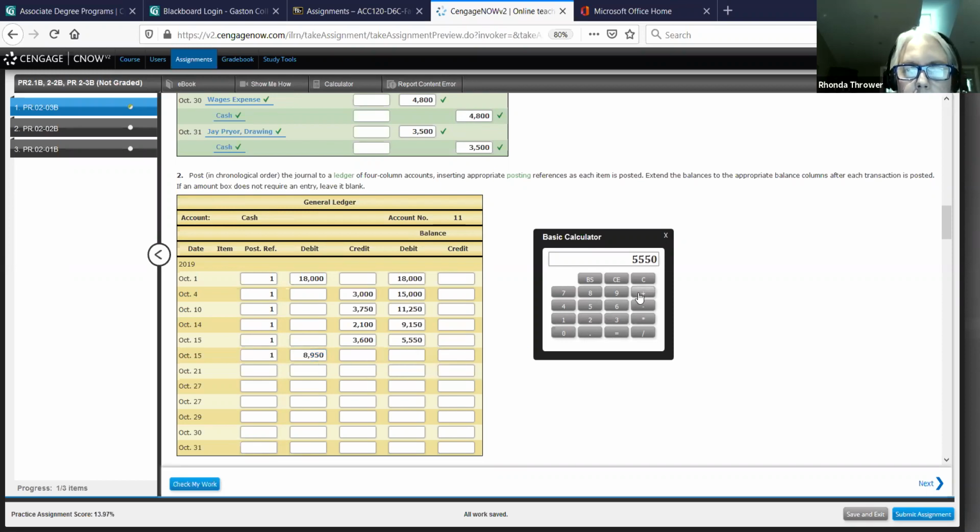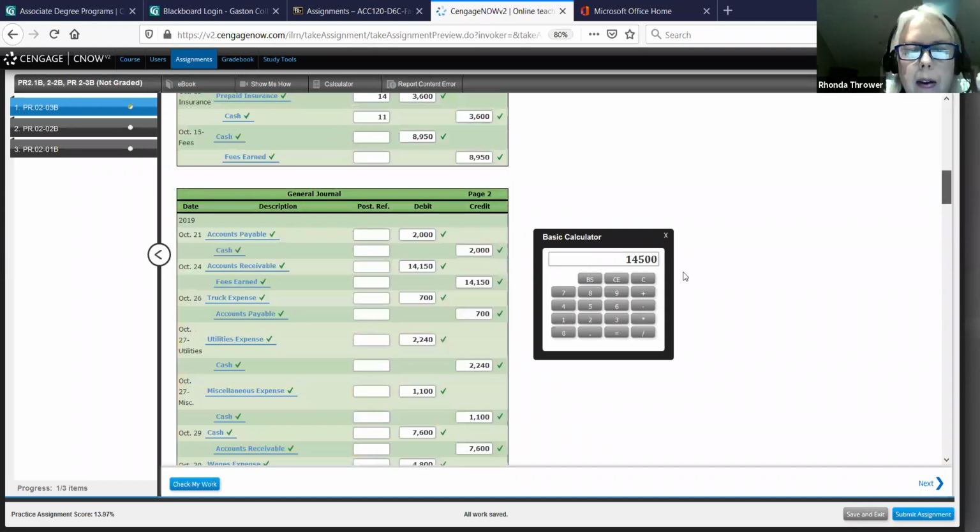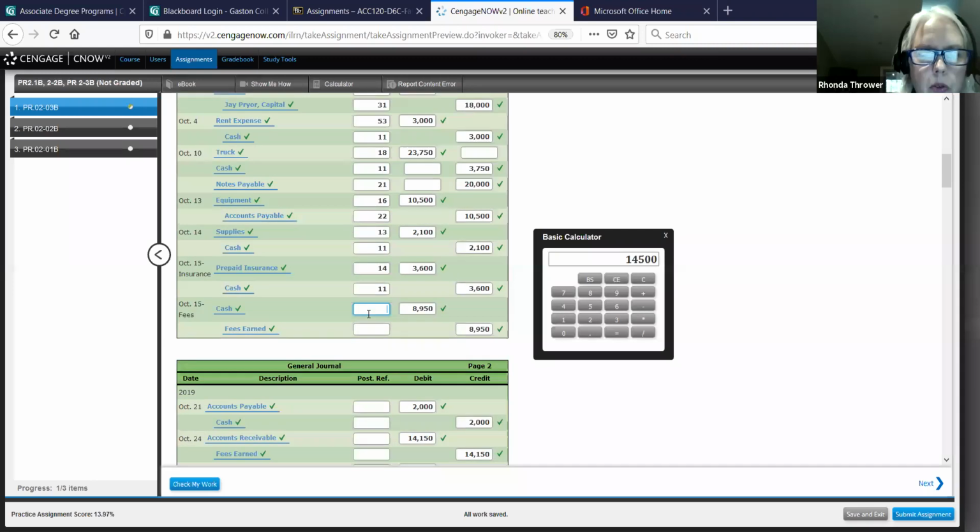So I'm going to add $89.50 to that balance. And that's going to give me $14,500. And then I'm going to pick up the 1-1 and I'm going to put it here.